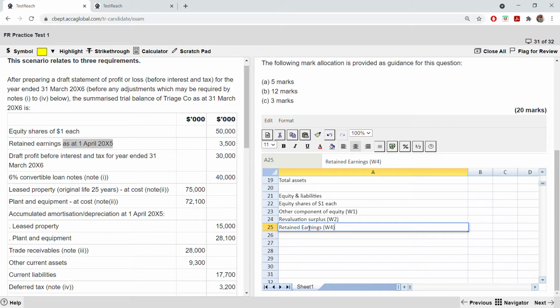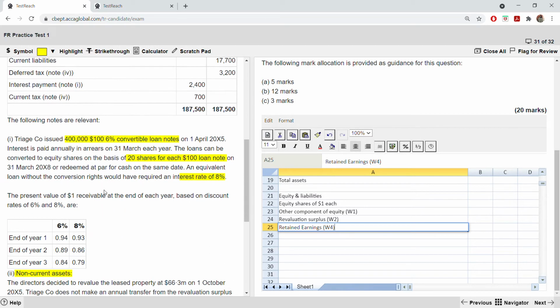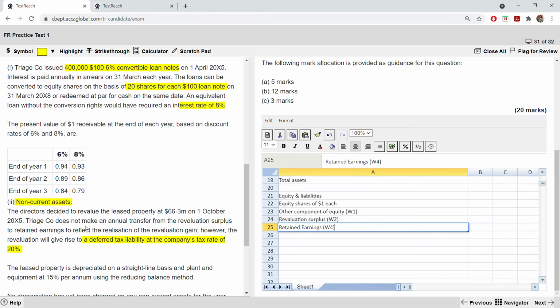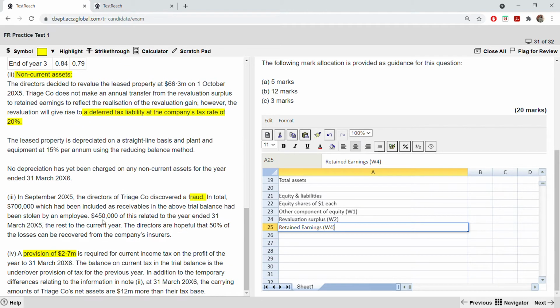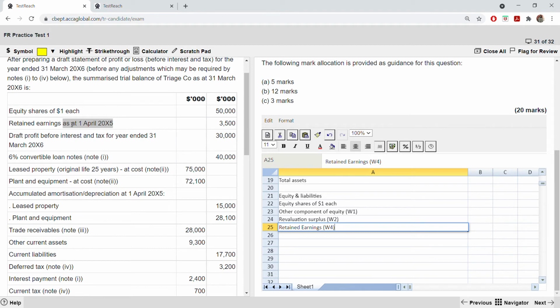Because retained earnings always changes. Whenever you have to make the final statement of financial position, remember retained earnings always has a working. Because of these adjustments, you see, because of convertible loan notes we have an interest, then non-current assets have depreciation and amortization, then there was a loss of fraud, then there was an income tax. So due to these expenses, even your retained earnings will change. That's why there's a separate working for retained earnings.